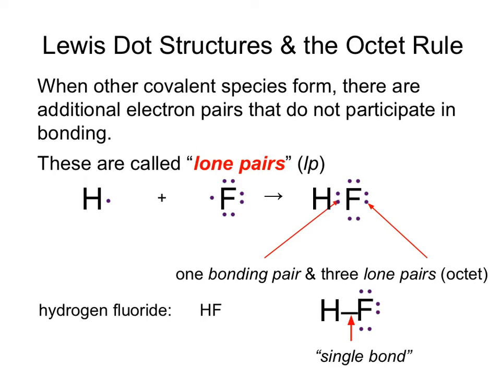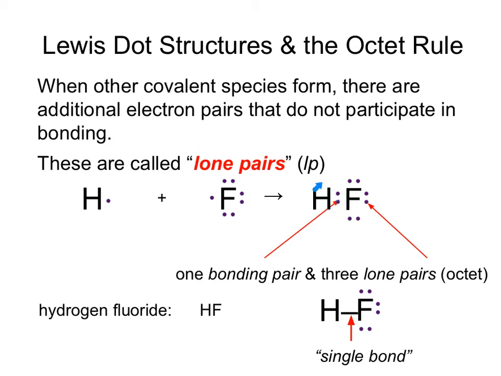Here, we're going to look at the compound that will form between hydrogen and fluorine. We have our hydrogen atom here with its 1 valence electron. We have our neutral fluorine atom with its 1, 2, 3, 4, 5, 6, 7 valence electrons. And so when they come together to form hydrogen fluoride, hydrogen brings along its valence electron, adds it to fluorine's valence electrons, and we get this chemical bond, this covalent bond between the 2.